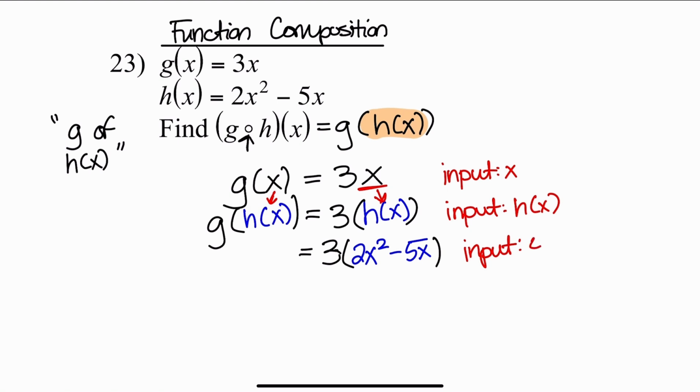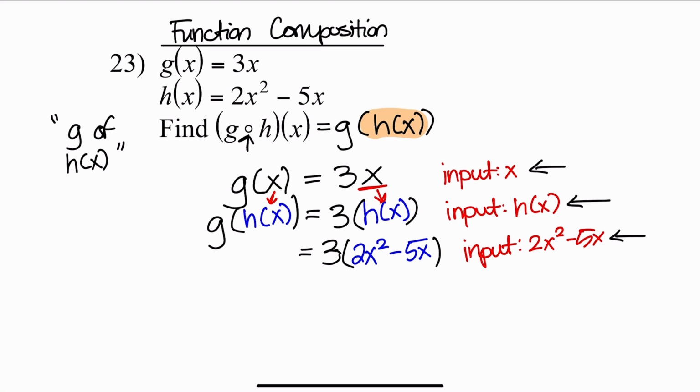It is 2x squared minus 5x. So we went from our original input being just x, to our input changing to h of x because that's what they want us to find. Plug in h now. And then since we actually know what h is, we use the actual function, which is 2x squared minus 5x. From here, it's a simple game of simplifying, okay?